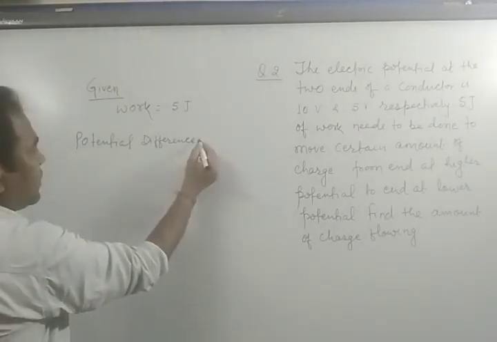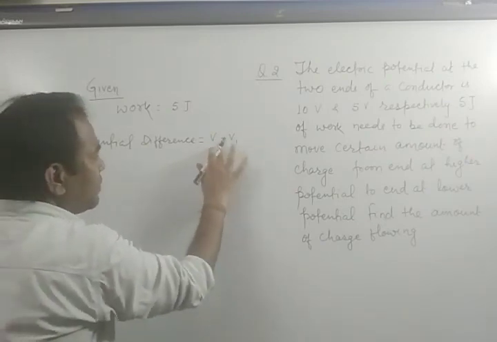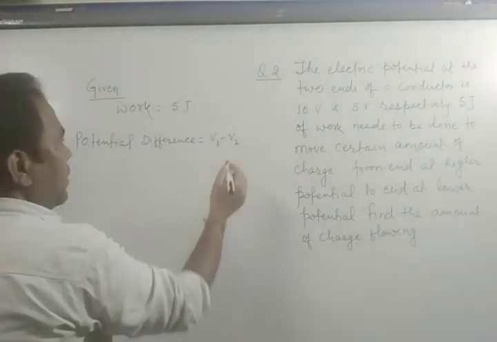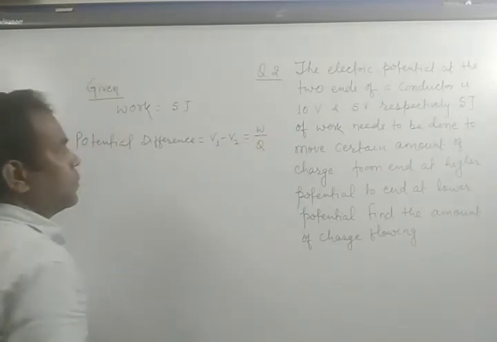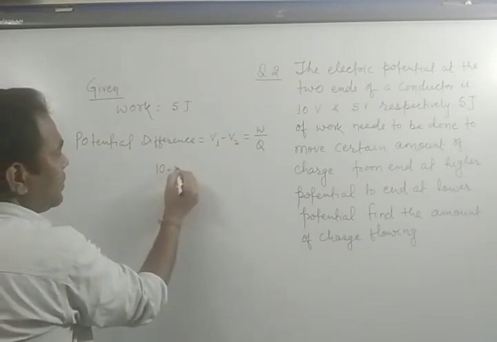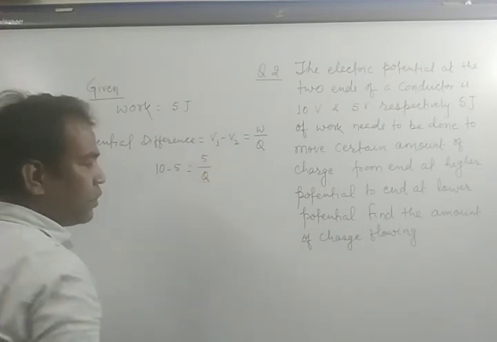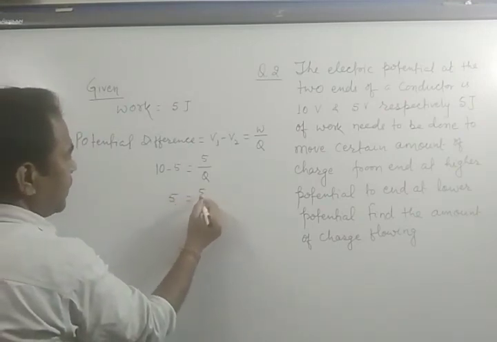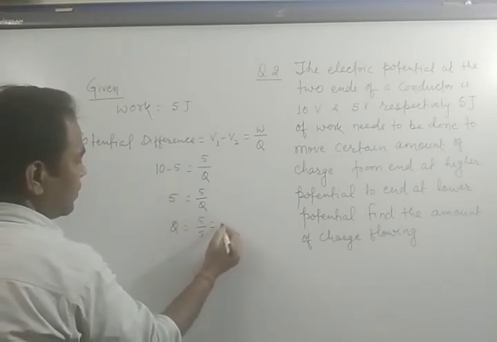So potential difference is V2 minus V1 or V1 minus V2, whatever you write, the greater value first, V1 minus V2, equal to W by Q. What is the value of V1 minus V2? 10 minus 5 equals W, which is 5, by Q, and we have to find the value of Q. So 10 minus 5 equals 5 by Q. So what is the amount of charge flowing? 1 coulomb.